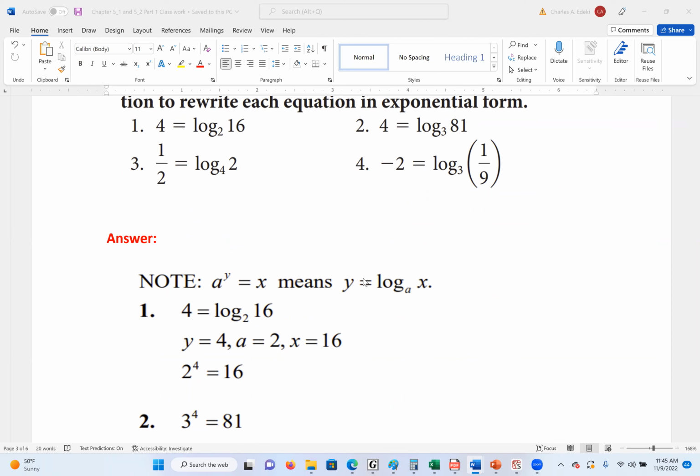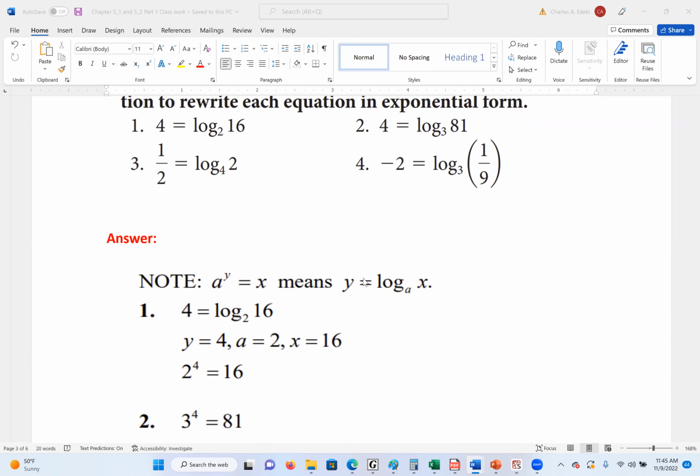So the same thing applied to the second one, 3 to the power 4 equal to 81. Because again, we have log base 3 of 81 equal to 4. So the answer will be 3 to the power 4 equal to 81.